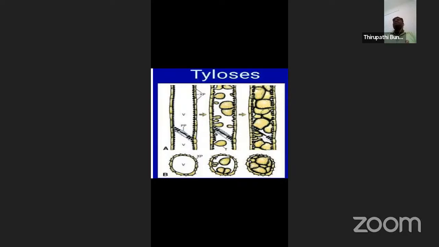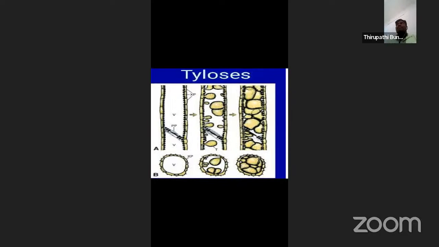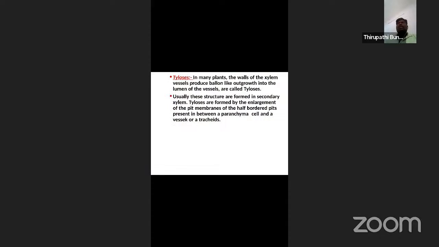In early wood, thick-walled cells form, but late wood shows the lowest cambium activity. See here, late wood. And this is the information on tylosis.